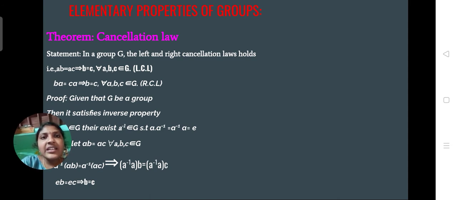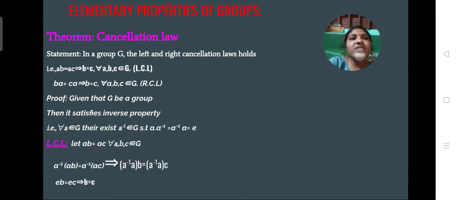So in the left cancellation law we have small a on the left side, and in the right cancellation law we have small a on the right side. We have to prove this theorem. Given that G is a group, it satisfies four properties, and in that we have to use only the inverse property.